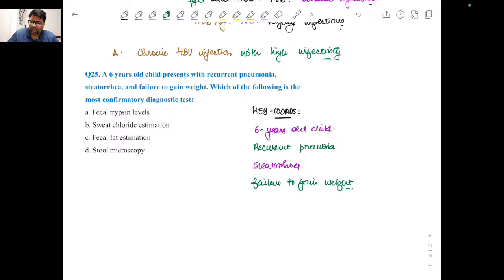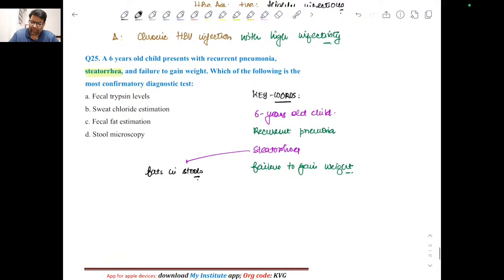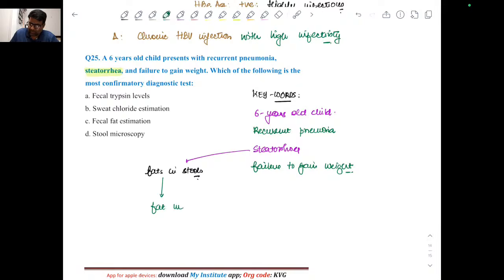Now here the classical clue is steatorrhea. Now what is steatorrhea? Steatorrhea means fat in stools. So the fats are coming. Yes, Priya, you're absolutely right. So it means the fat is coming in the stool, and it means there is fat malabsorption. The fats are not absorbed from the gut.